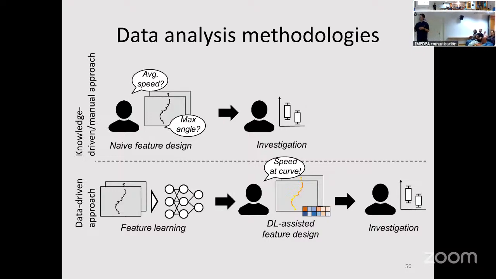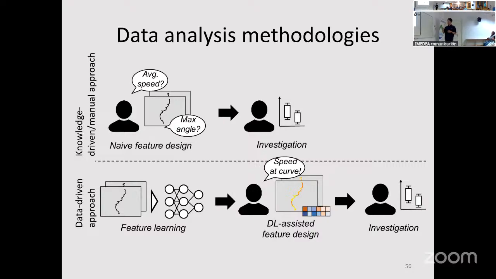Instead of this method, we first feed big data of animal behavior into a deep learning model. We use the feature learning ability of the deep model to identify meaningful patterns in the data, in our case of comparative analysis, the characteristic behavior in each comparative group.